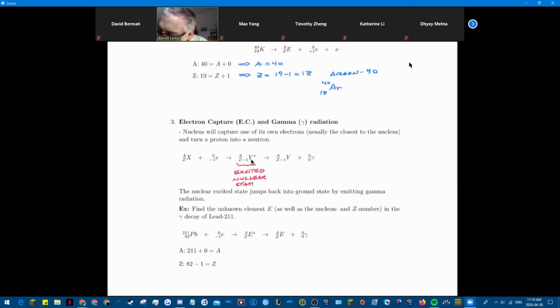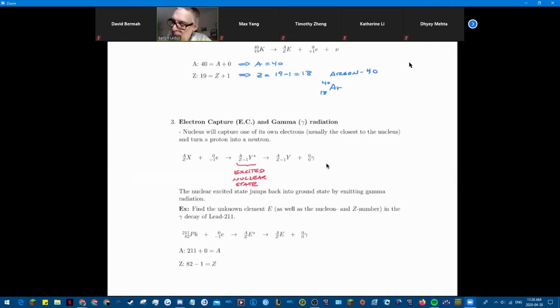Just like when the electron jumps to a higher orbit in an excited atom, it doesn't stay there long, it comes back down. And as it comes back down to a lower energy level, it releases energy. Same thing here. When the excited nuclear state comes back to its ground state, it releases energy in the form of gamma radiation. And this gamma radiation carries much more energy than light.